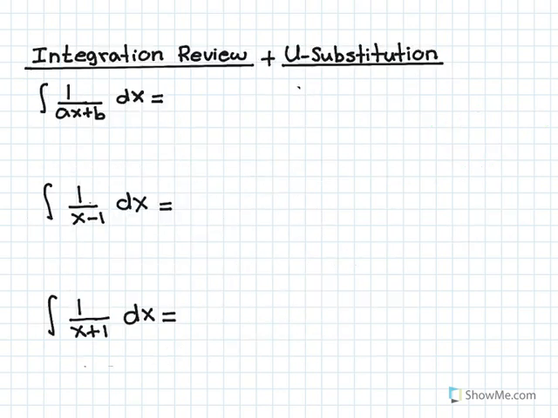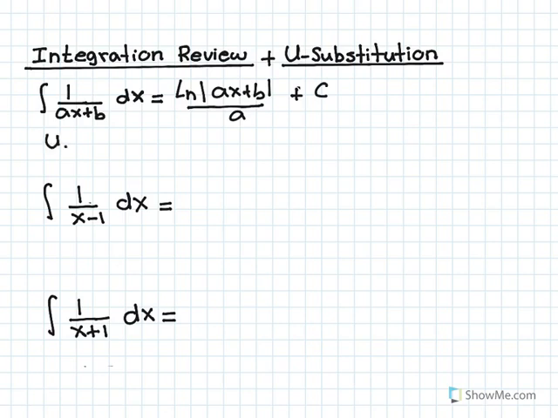Now let's review some of the integration that we did. So most of the time we integrate something of the form 1 over ax + b dx when we do partial fraction decomposition. The result is just log of the absolute value of ax + b, divided by a, plus C. This is done through u substitution.